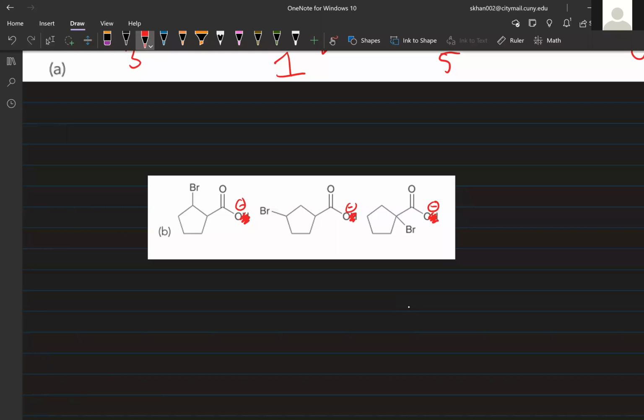Right, so it's proximity of the halogen. So this is going to be mainly through inductive effects, right? So the closer you are to your negative charge on your conjugate base, the better the stabilization is, therefore it's going to be more acidic, right?